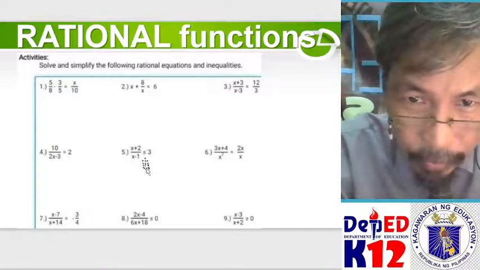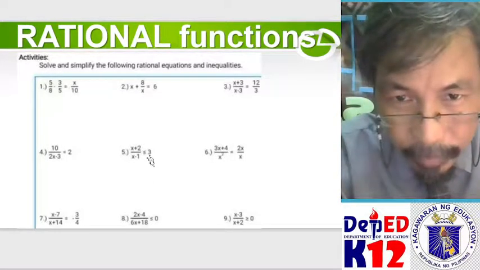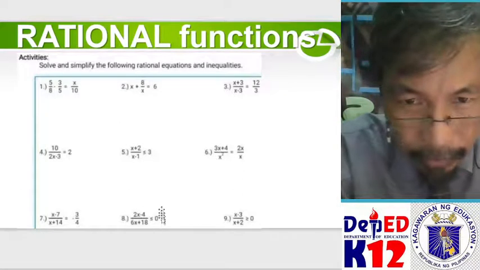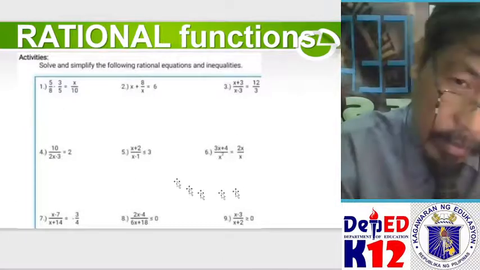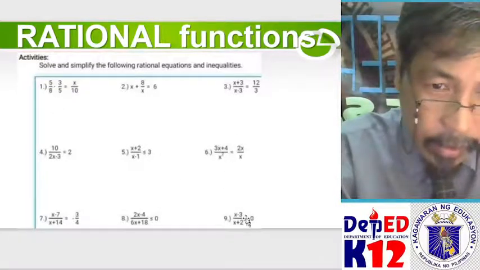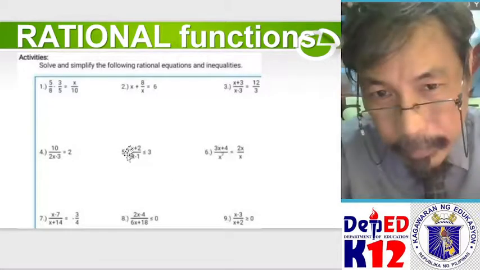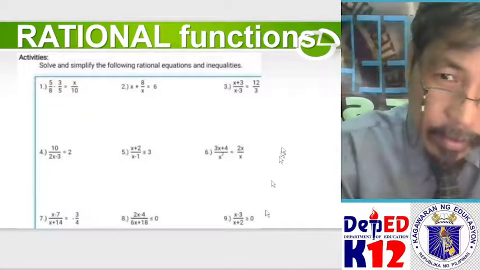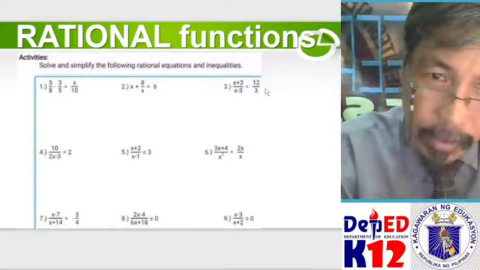Instead of an equal sign, we have inequalities: greater than or equal, less than or equal, less than, greater than. These are called rational inequalities. So rational equations are those using the equal sign.